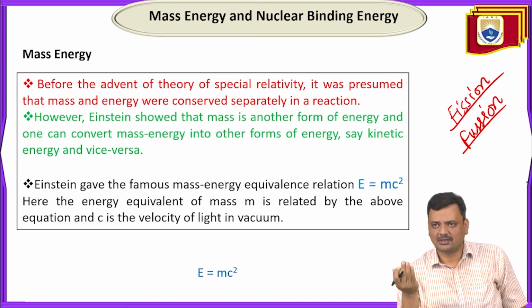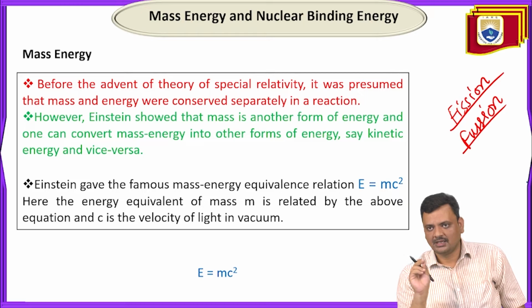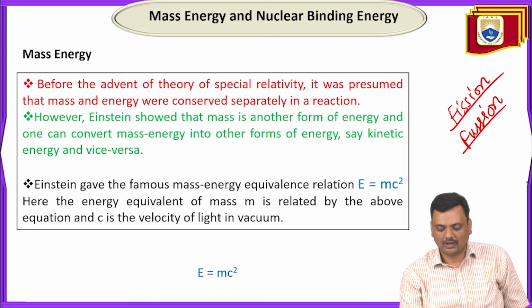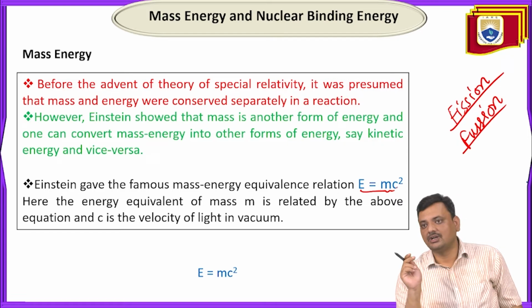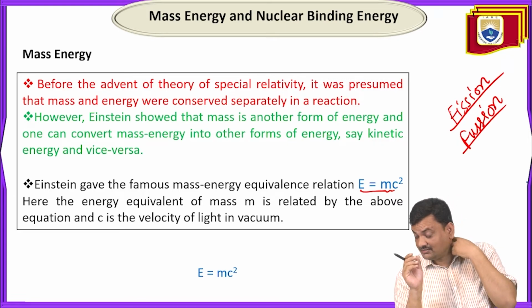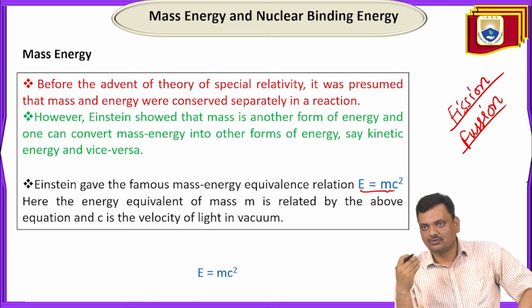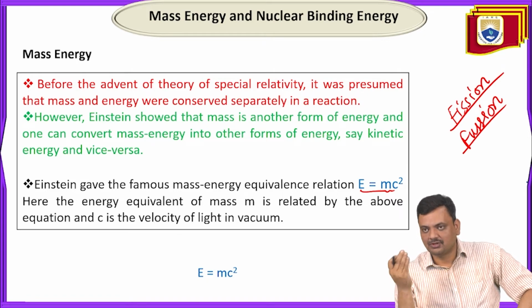Any mass can be converted into energy, and if you want to know how much energy it produces, you have to use this formula: E = mc². It means if any mass m produces energy E, the amount of energy produced is equal to mc².